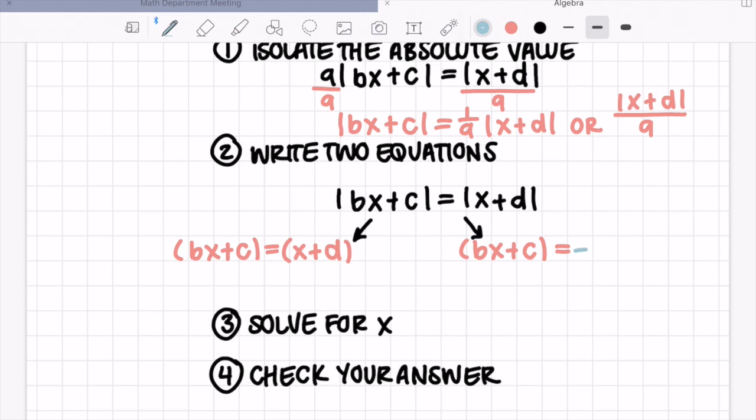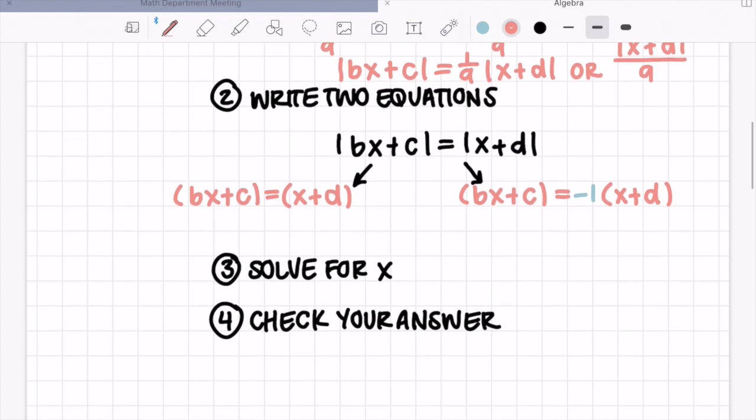We are always going to put a -1 and multiply that with our absolute value, or the other side, whatever is on the other side. So on this side, the absolute value changes to parentheses, and I'm going to write down x plus d and close my parentheses. Those would be my two equations.